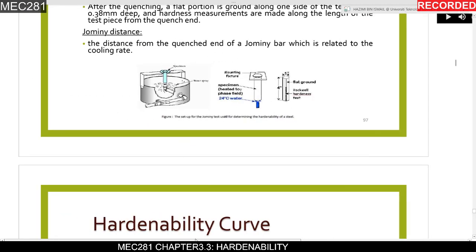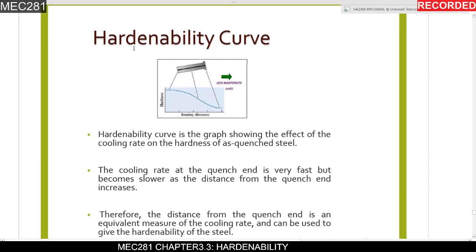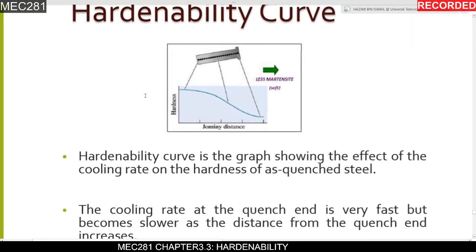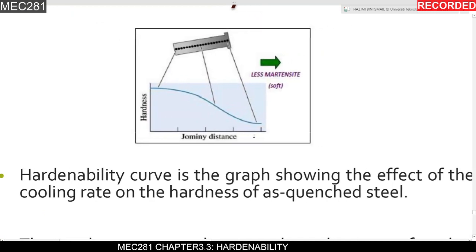From that test they will form a hardenability curve. What is a hardenability curve? A hardenability curve is the graph showing the effects of the cooling rate on the hardness of as-quenched steel. We know that the greater the Jominy distance, the lower the hardness.